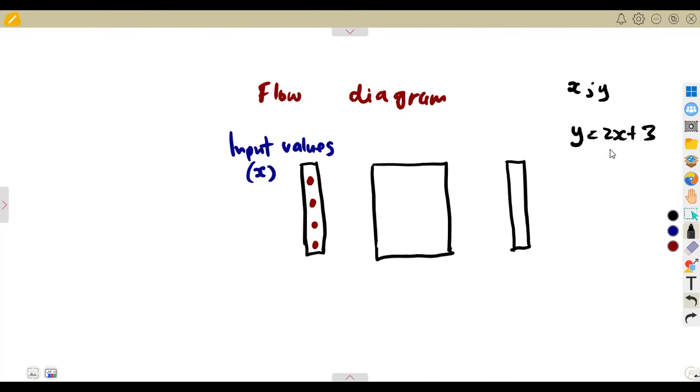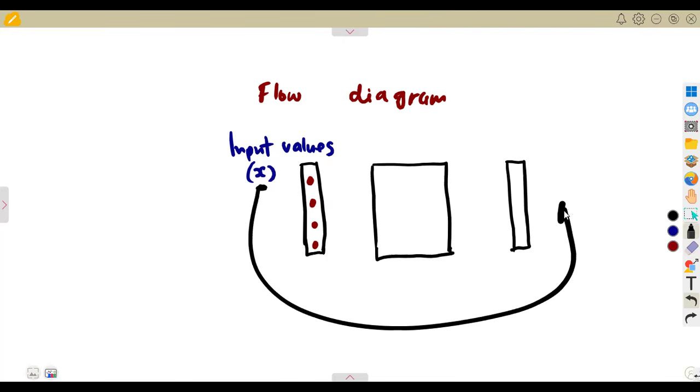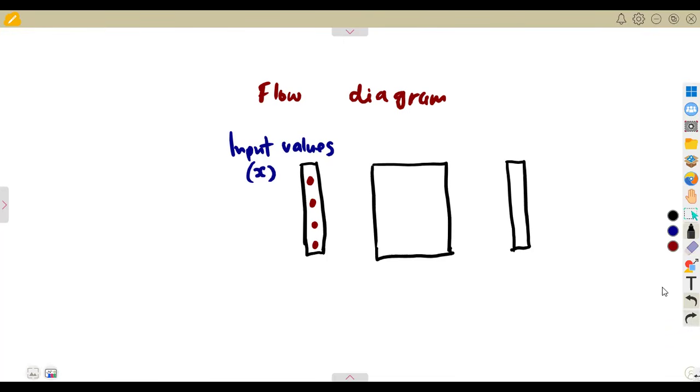You're going to see that y is written in terms of x. So the x is the input. The input controls the output. The input determines the output. Take note. All right. So these are the input values.